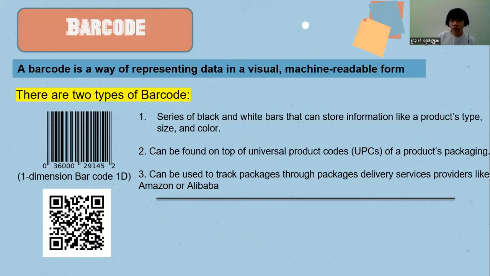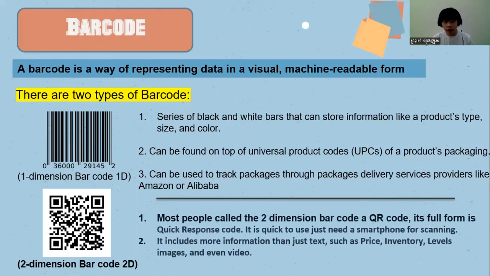It can be used to track packages through package delivery service providers like Amazon and Alibaba. The second one is the 2-dimension barcode, and it's called 2D. Most people call the 2-dimension barcode a QR code.